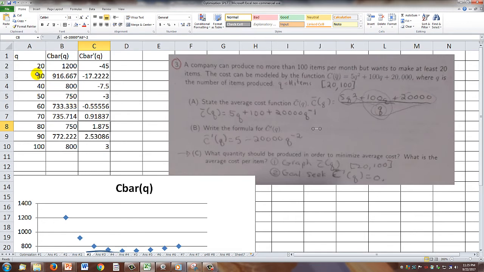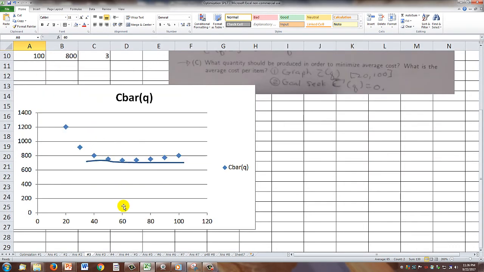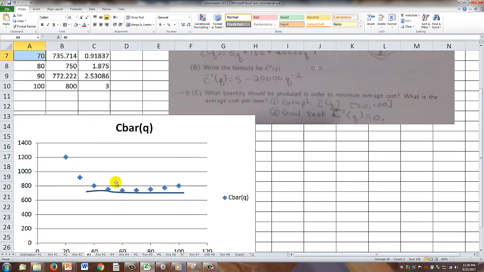And also, when you're calculating the domain, this domain was given to you, but you want your derivative to change from negative to positive. And that's one of the things that tells you that you've got a good domain. So right here, this is telling me without a graph that between 60 and 70 I have a minimum. I can look at my graph and see that too.